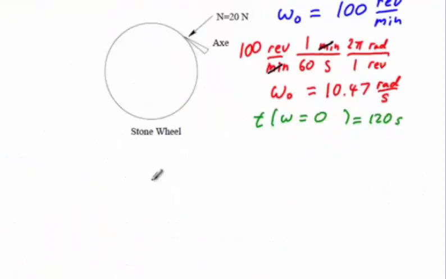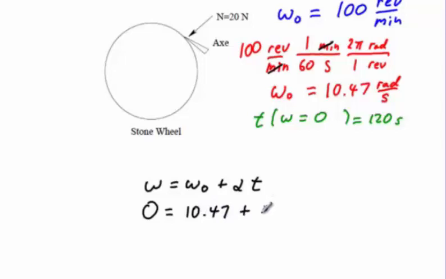The omega t relationship is this one. Omega is omega 0 plus alpha t, and plugging in the quantities we know, we'll put 0 for the angular velocity, having begun at 10.47, experiencing an unknown alpha over the time of 120 seconds.